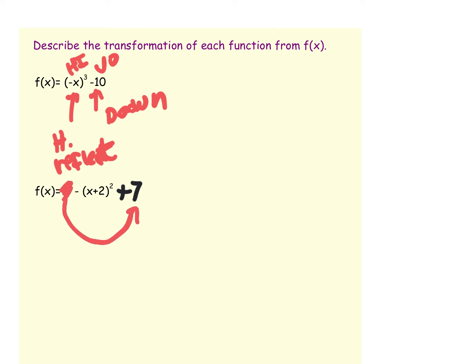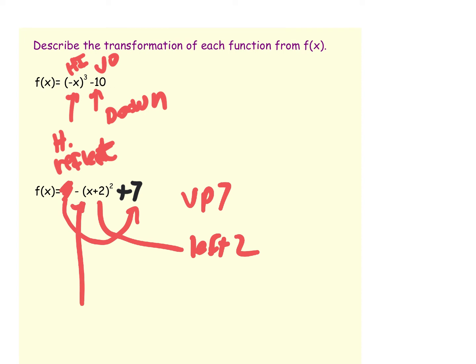Take that 7, move it to the end, and then you'll realize, oh, it's just up 7, and that means left 2. And if you're stuck like, oh, is it horizontal or is it vertical? Repeat to yourself, horizontal inside, high, or vertical outside. Clearly that is a vertical.